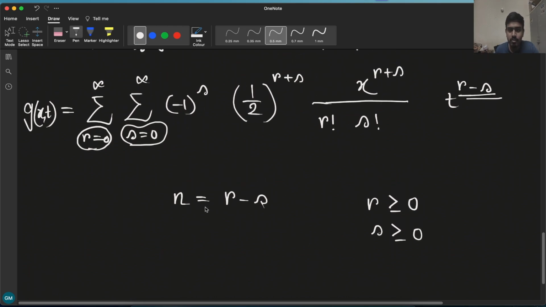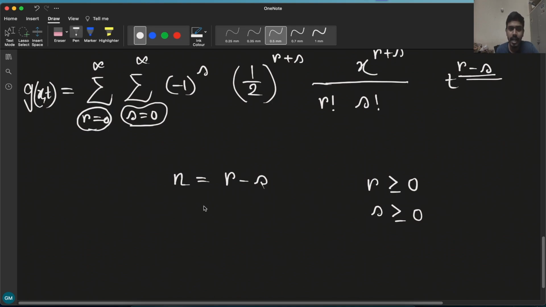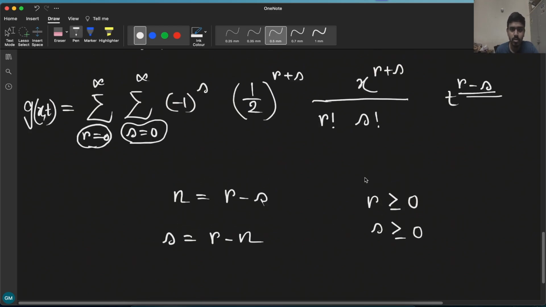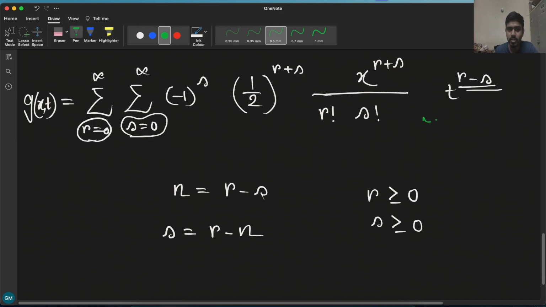And then if I want to replace s with n and r, I have to write s as r minus n. So from this expression of g of x, t, I want to replace this s with this r minus n.